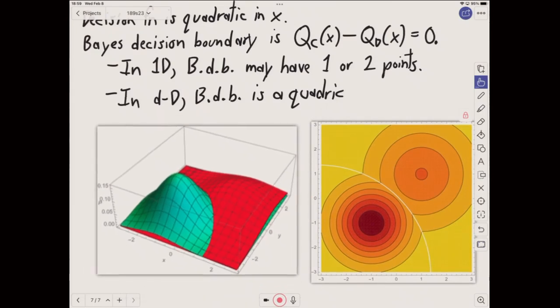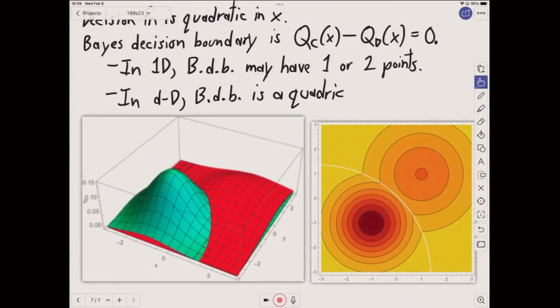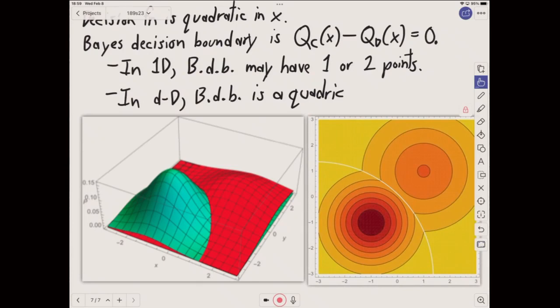So these are, again, 2 different views of the same 2 functions.